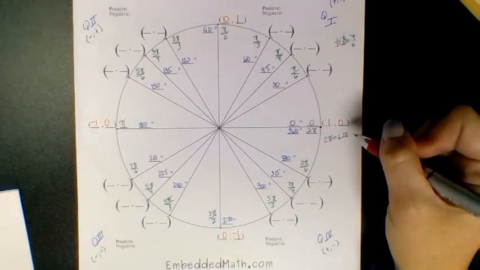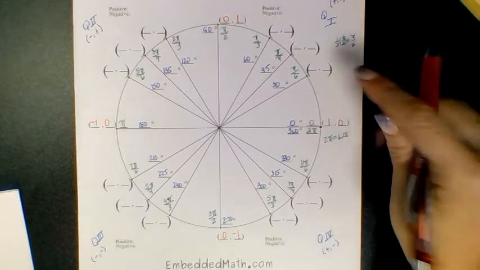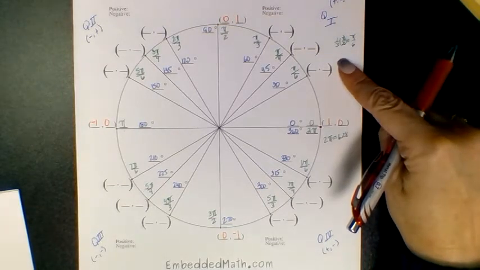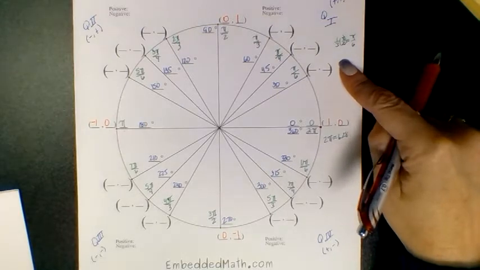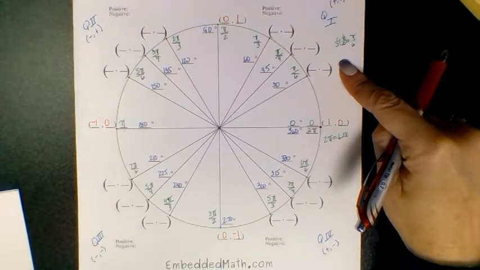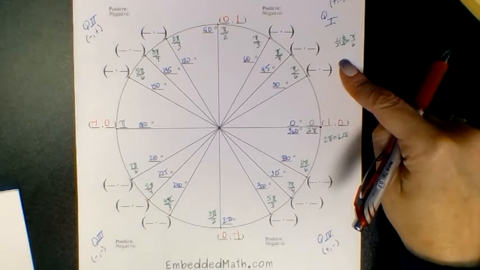When you are memorizing these coordinates, you really only have to remember this first quadrant. The values in this first quadrant are going to apply to the other 3 quadrants for the reference angle from the x-axis. So if you refer back to the x-axis, all you have to pay attention to is whether each of the coordinates is positive or negative.